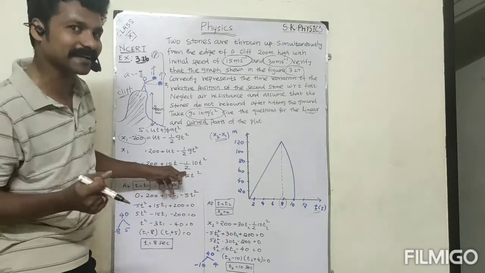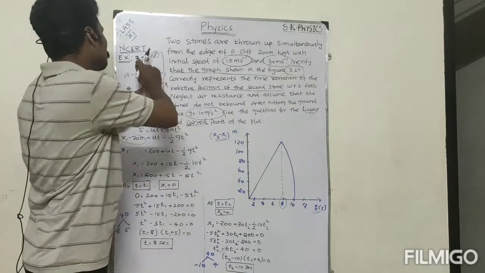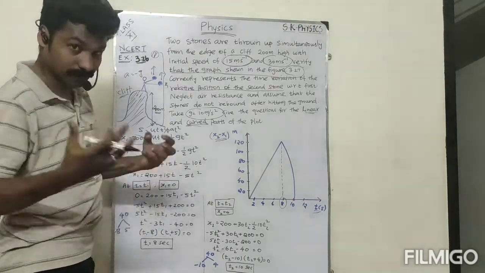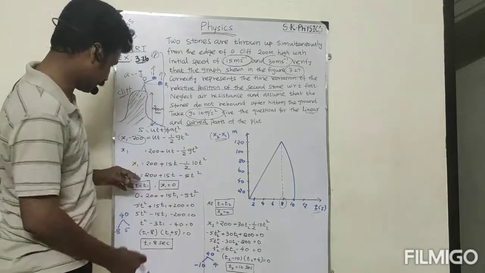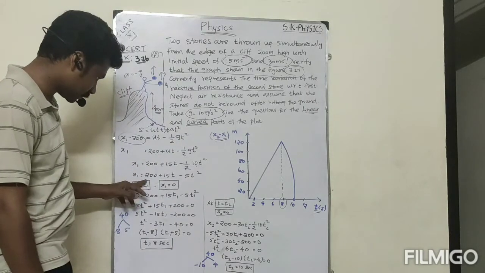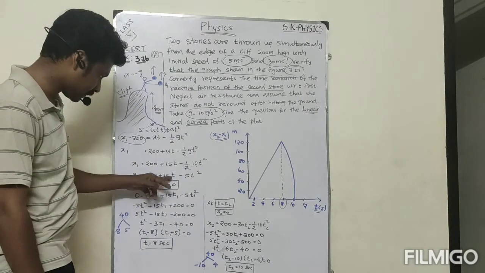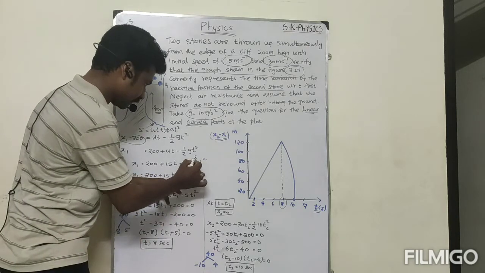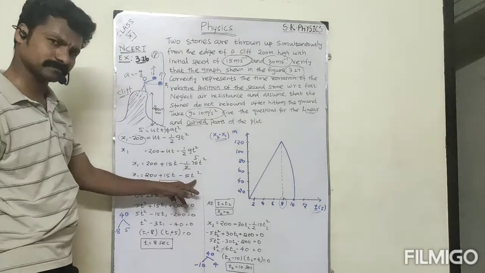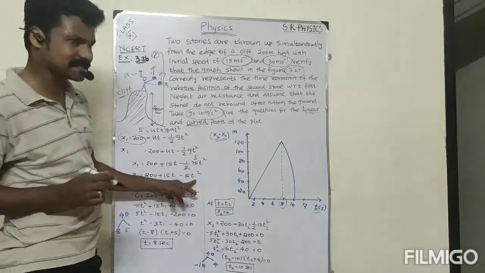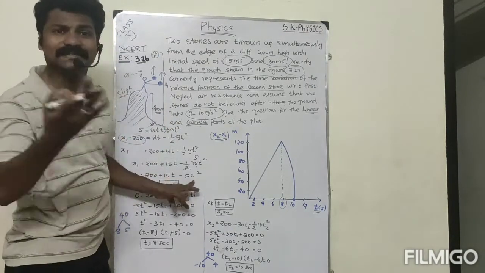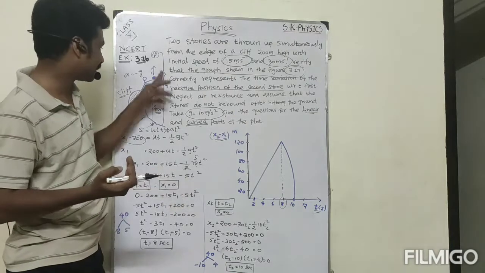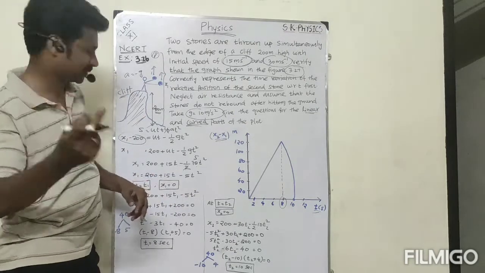How much time does it take to reach the ground? Okay, see that. Then how to find? See carefully. So x1 is equal to 200 plus 15t minus, here 1 times, here 5 times, so 5t square. So now let us imagine after reaching the ground, what is the height? That height becomes 0.